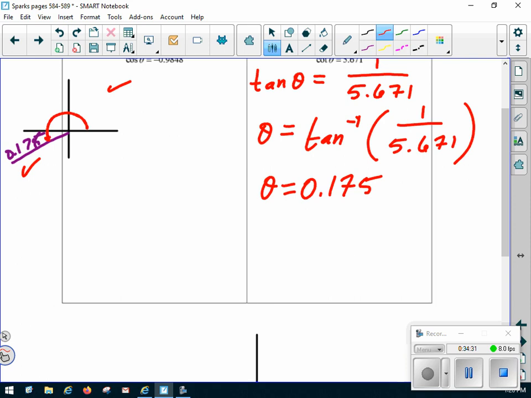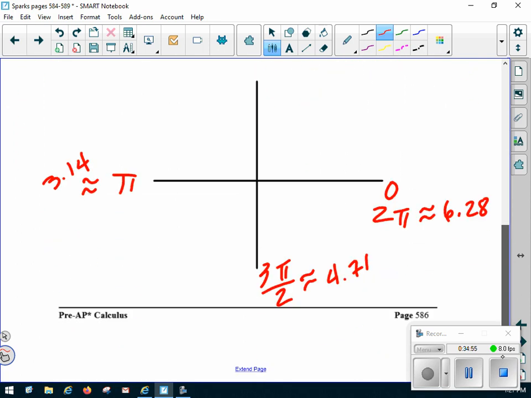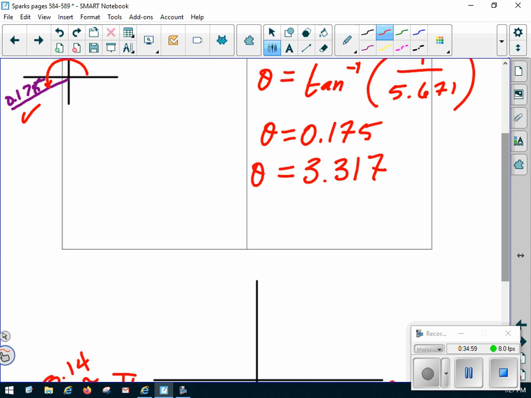So I'm looking for that. Frankie said it's pi plus that. 3.316 or 317. How are we doing? Is that angle in quadrant 3? You bet. It's between 3.14 and 4.71. So we're good.